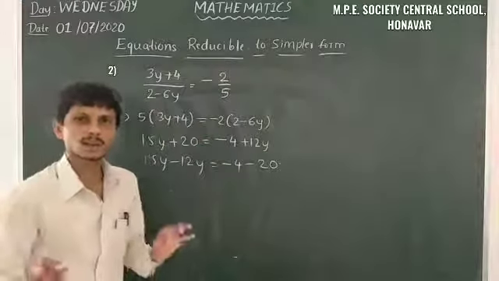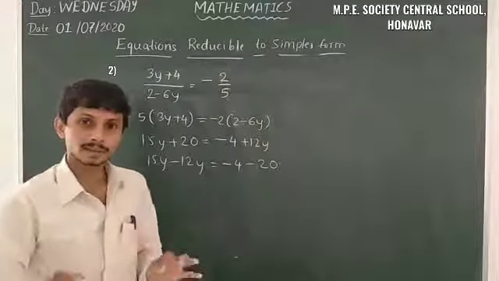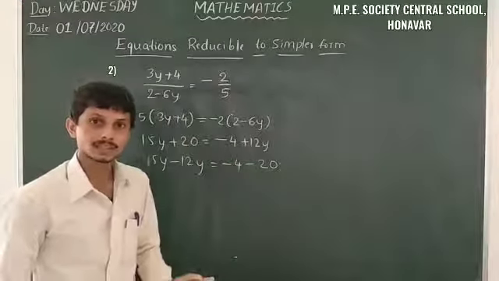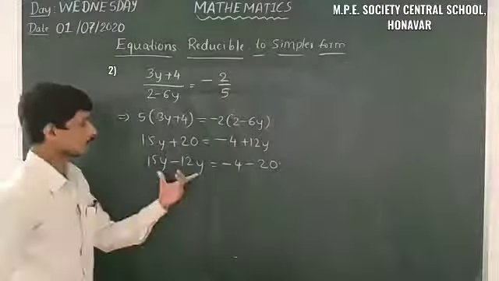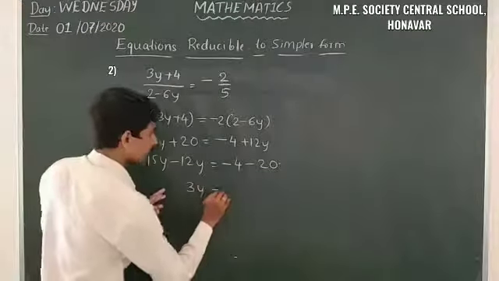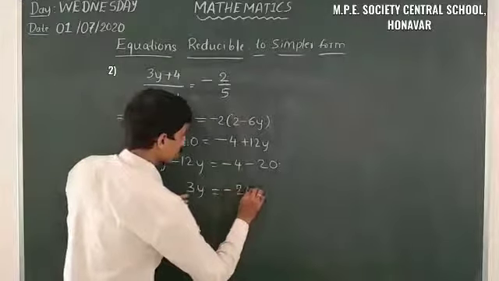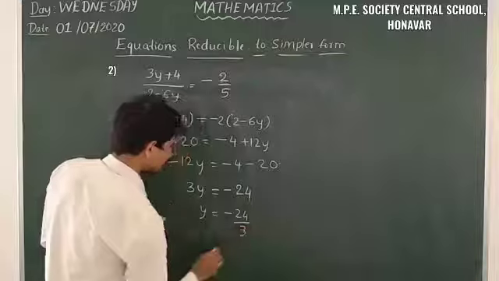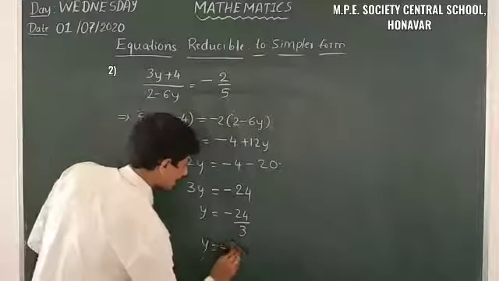We must be aware of signs here. If you neglect the signs, the whole problem collapses. So what we have: 15y - 12y is equal to 3y, which is equal to -24. y is equal to -24 divided by 3. y is equal to -8.